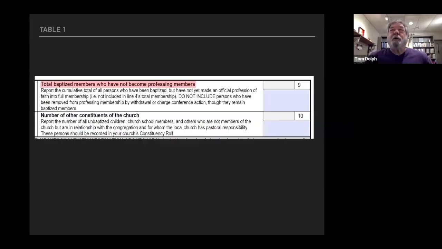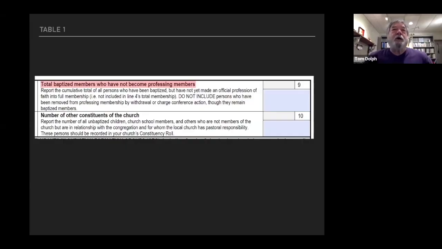Professing members are those who have stood in front of the church and said, I profess Jesus Christ as my Savior, and I promise my prayers, presence, gifts, service, and witness to this congregation of the United Methodist Church.